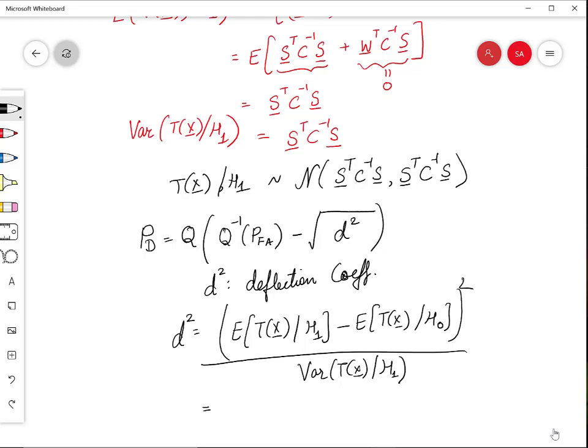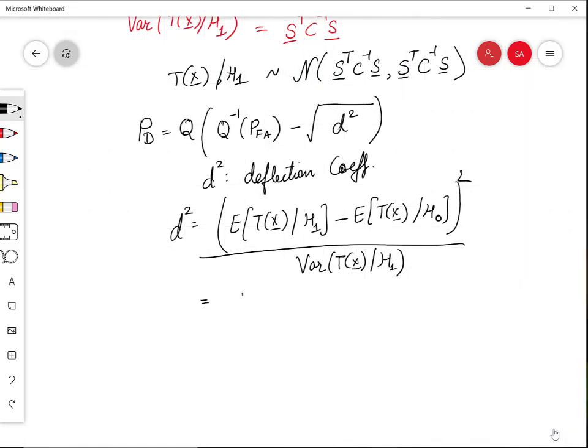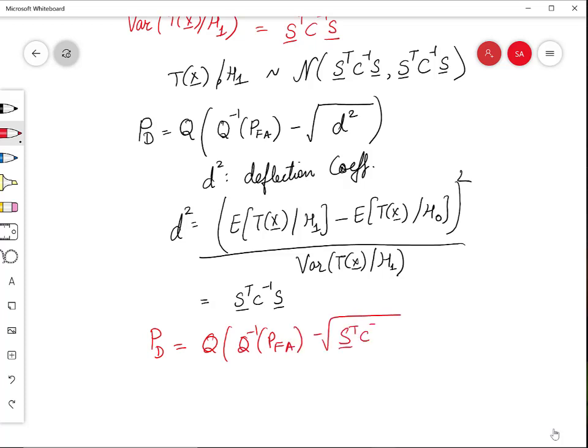It turns out that this is equal to S transpose C inverse S. So our PD is equal to Q of Q inverse of PFA minus under root of S transpose C inverse S.